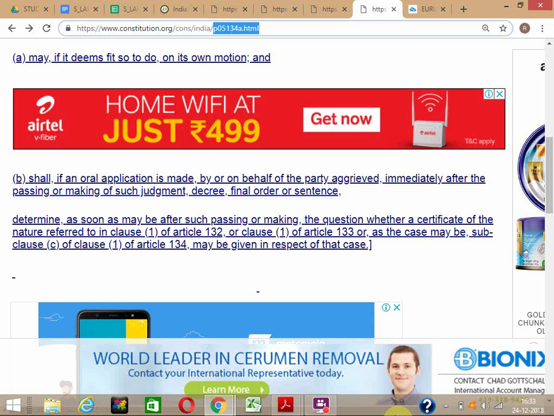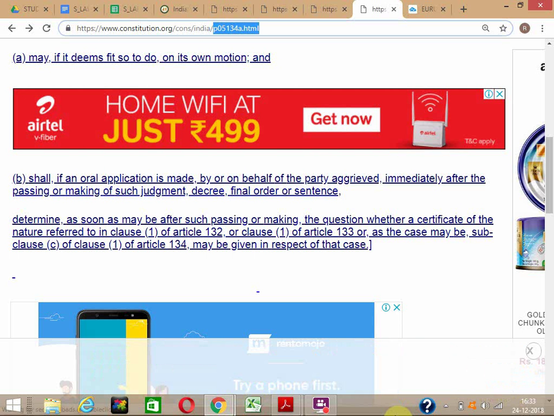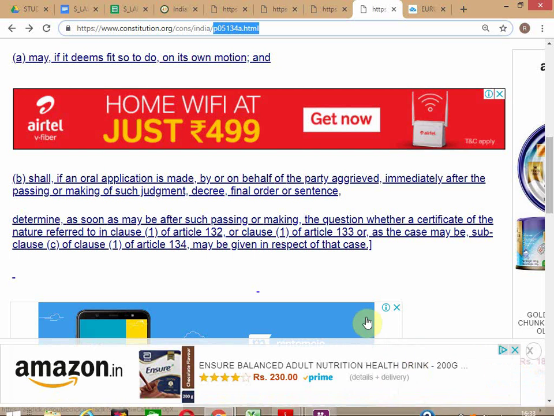That's why you need 136, the fallback of 136, which means that under 134A you can still lose, even under clause small b, because the High Court may address that issue and form the opinion that your case is not one that qualifies for appeal to the Supreme Court under 132, 133 or 134. So now you're stuck. You would like to appeal to the Supreme Court, but you seem to have reached the end of the road. But there is hope.